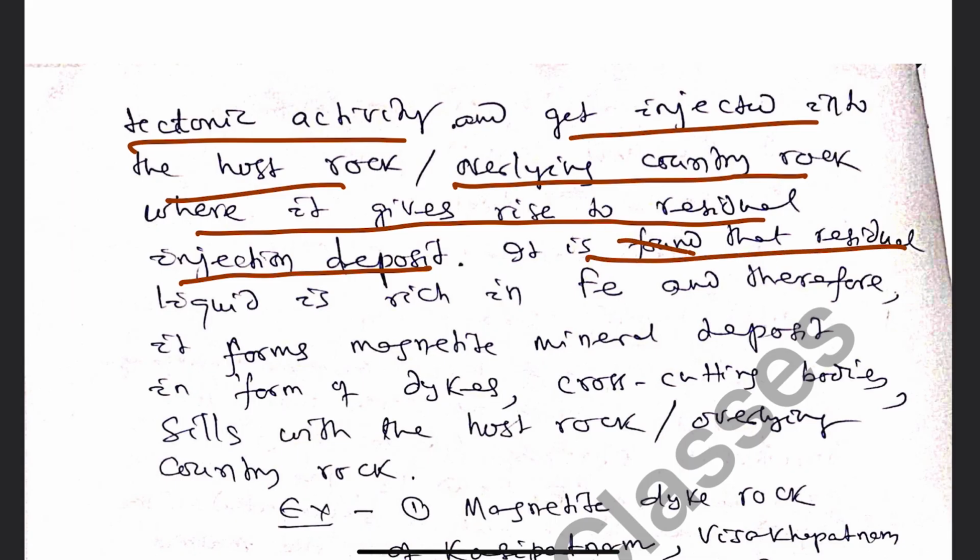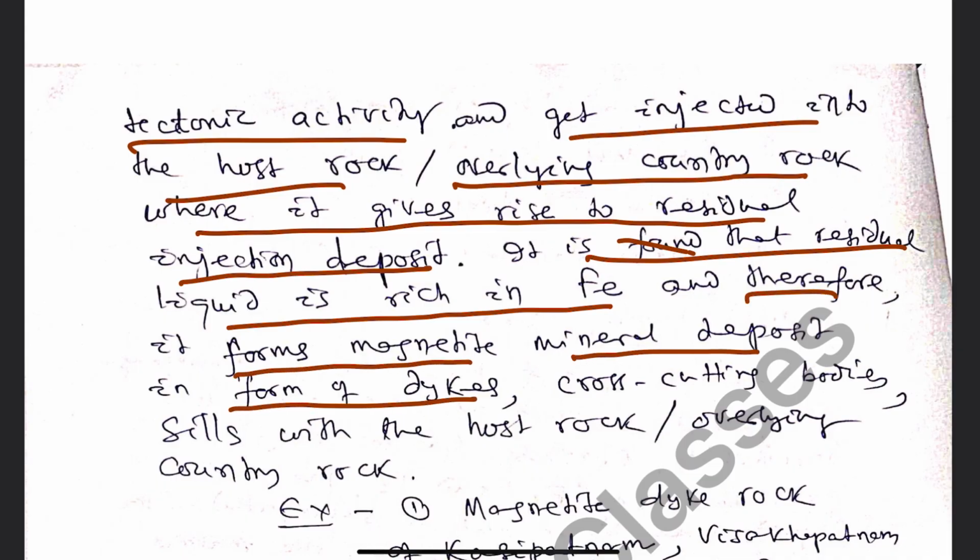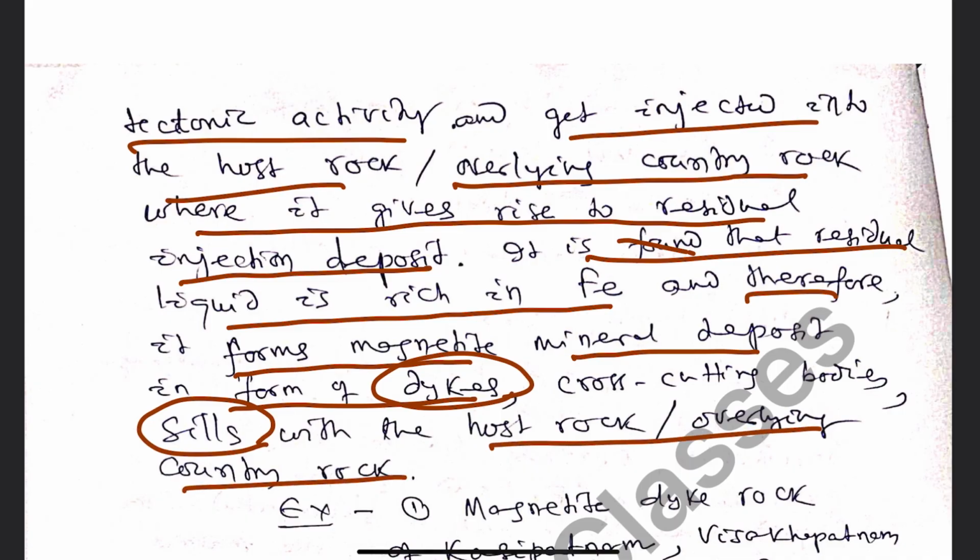It is found that residual liquid is rich in iron and therefore it forms magnetite mineral deposits in the form of dikes as cross-cutting bodies or in the form of sills as parallel bodies within the host rock or within the overlying country rocks.